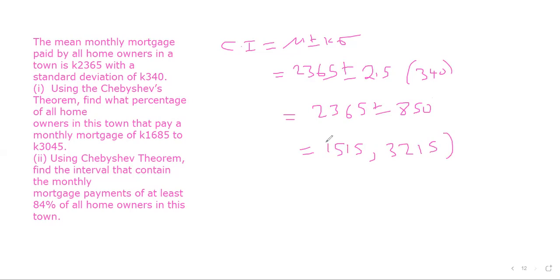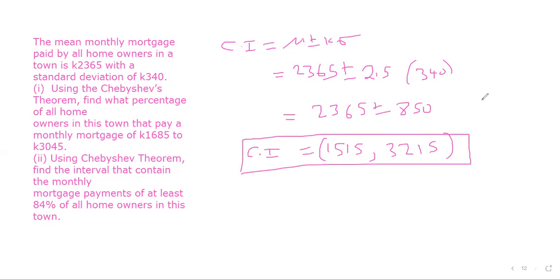So this is our range. Our confidence interval will lie between these two. So this is how you get your marks completely using Chebychev's rule. The issue is about converting that 84%. Yes, that's what the issue is.